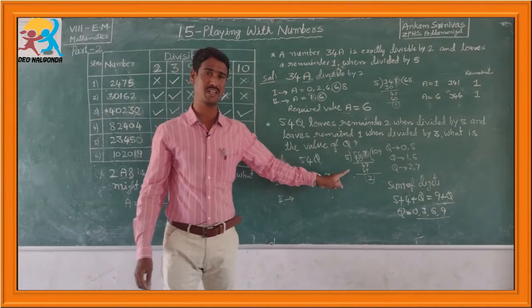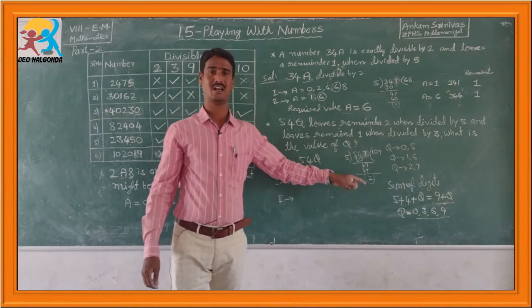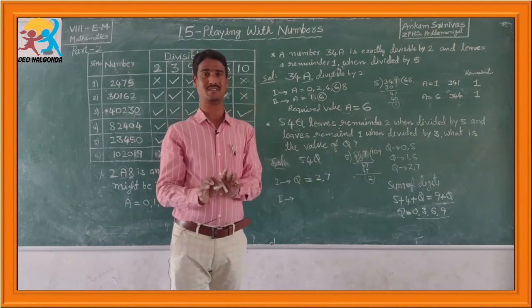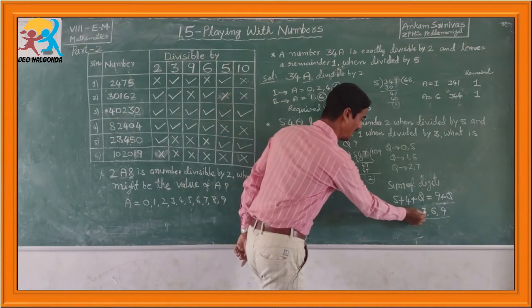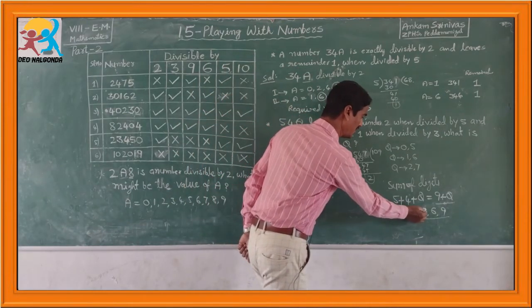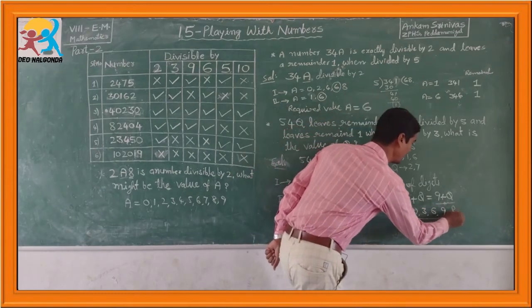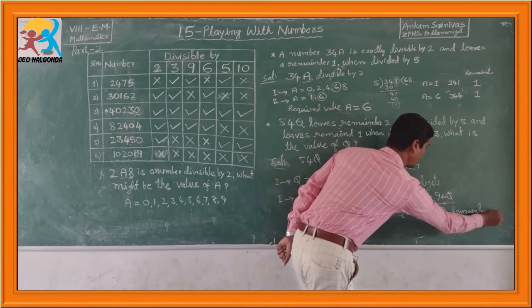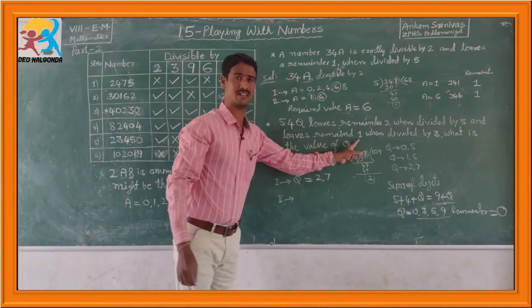If I take Q equal to 0, 3, 6, 9, these are divisible by 3, so the remainder will be 0. But we require the remainder 1.